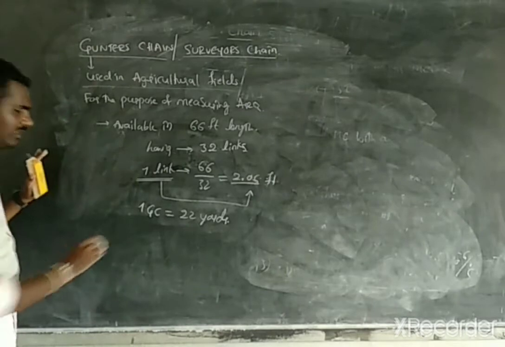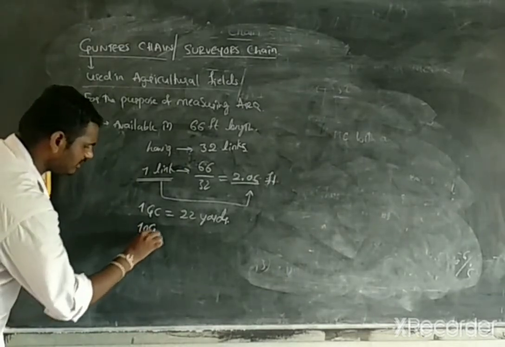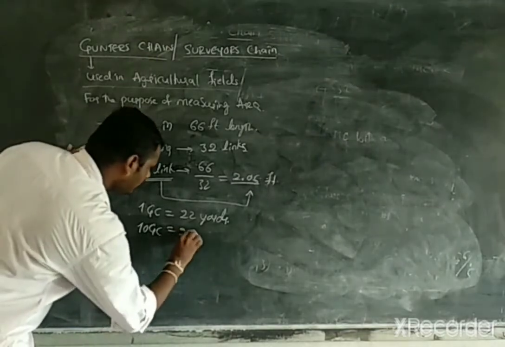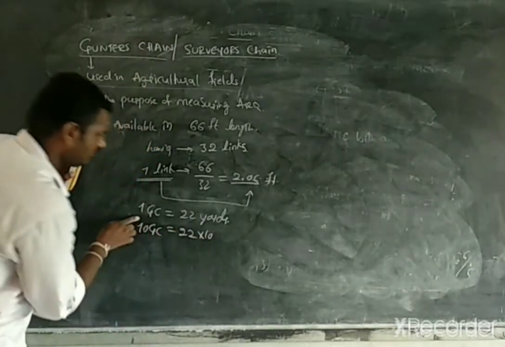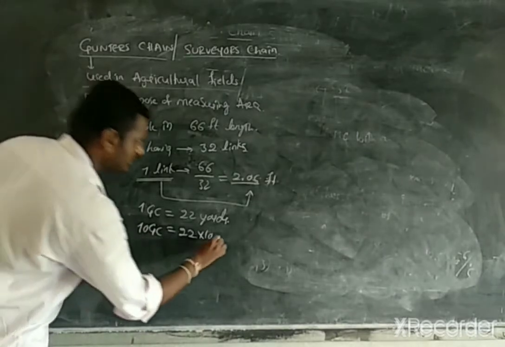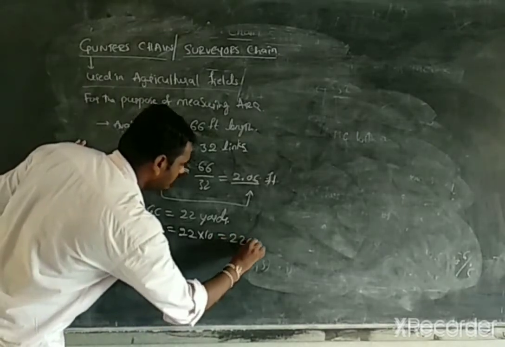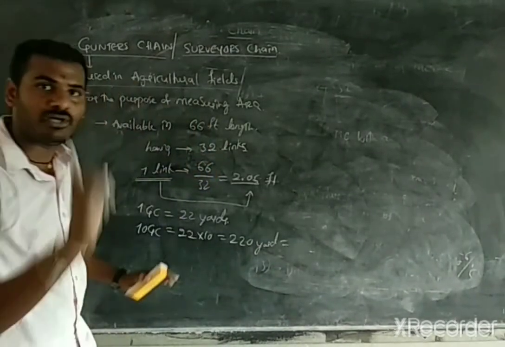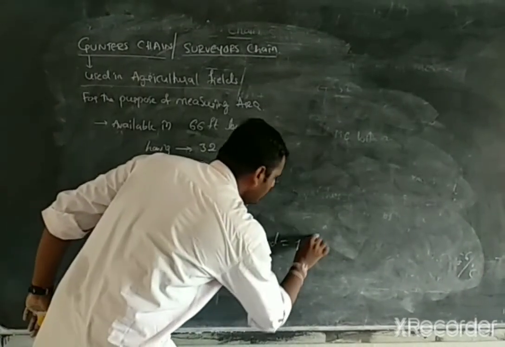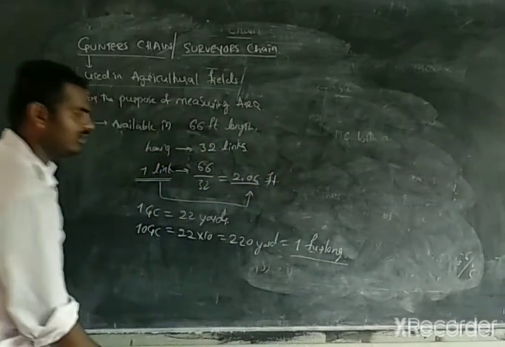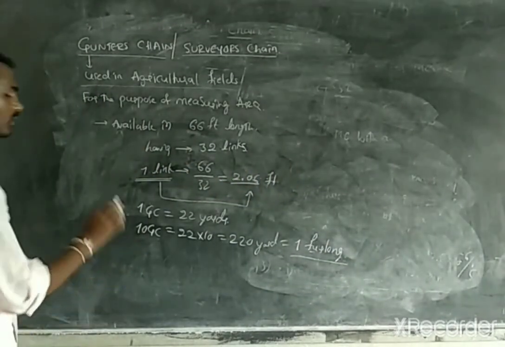So 10 Gunter chains is equal to 22 into 10. 1 is equal to 22 yards, then 10 is equal to 22 into 10. That is equal to 220 yards. So which can be referred to as 1 furlong.